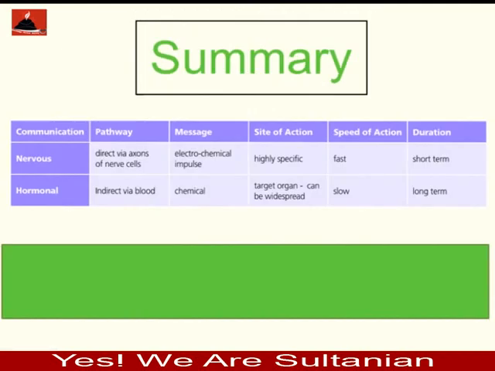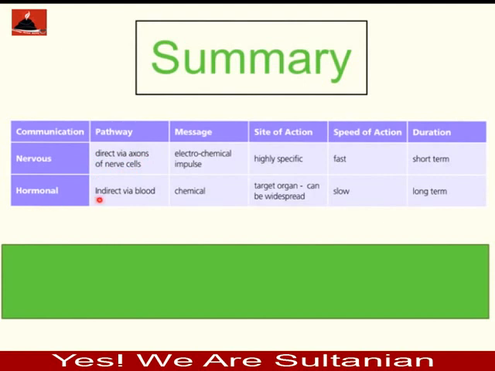Okay, this final slide just summarises the differences between nerve communication and hormone communication. It looks at the pathway, the type of message, the site of action, the speed of action, and the duration. So, nerve messages, the pathway is direct. It goes along the axon, which is that long, thin part of a nerve cell.